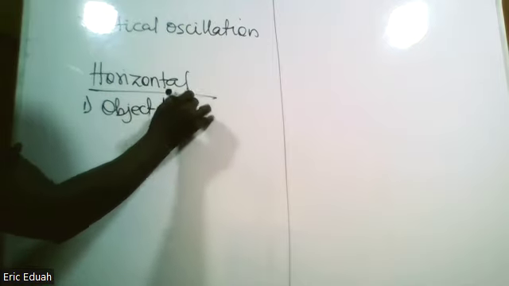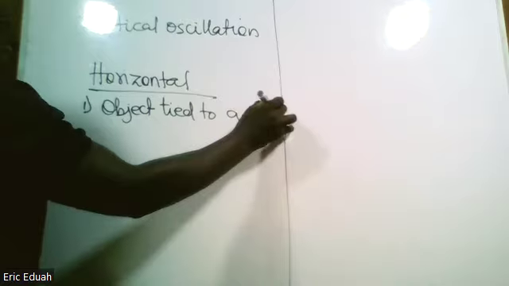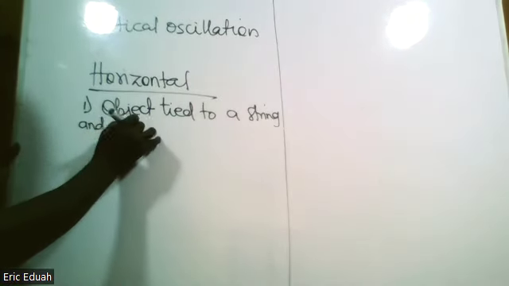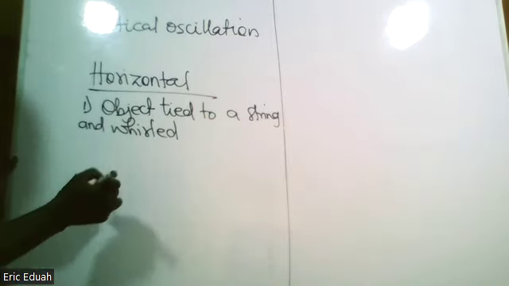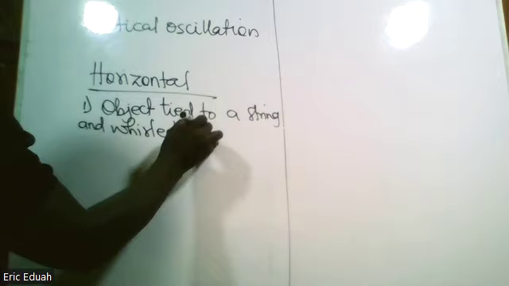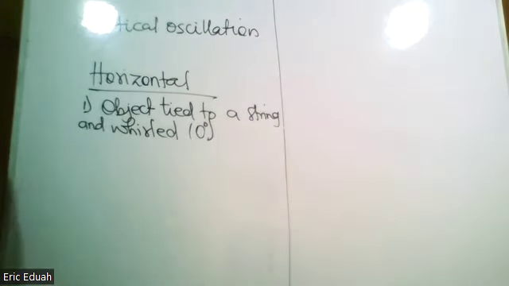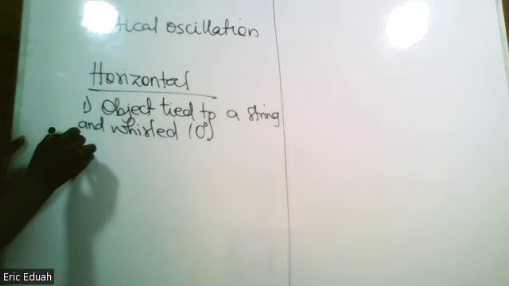Here, the angle the string makes with the horizontal is 0. So this is an example of horizontal oscillation or circling or revolution.